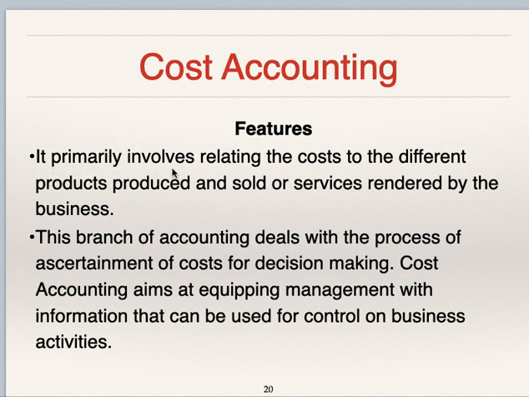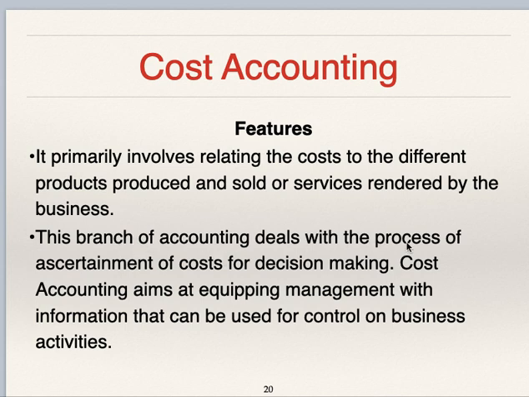Cost accounting primarily involves relating cost to different products produced and sold or services rendered by a business. So whatever may be the business, rendering of services or selling of the product, cost accounting is finding out the cost of these different products and various services.